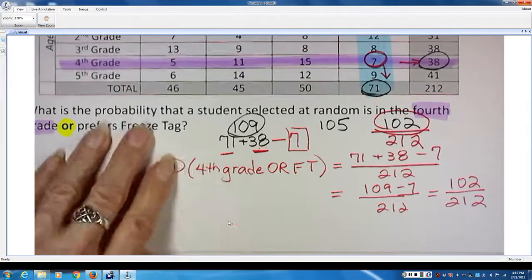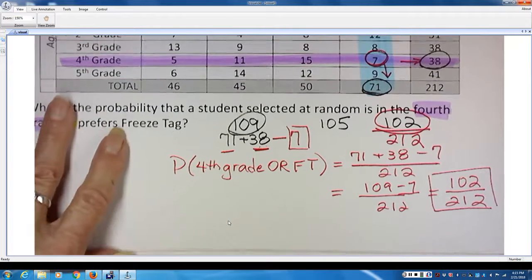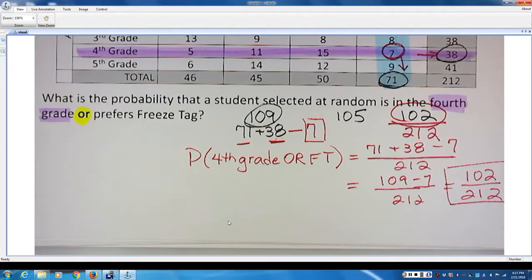Now you can show me all that work, but I have to see this. You write down as much of that as you need to remember how to do it. But I have to see that answer because that's the right answer. Okay? It probably will help you to actually show me this step.